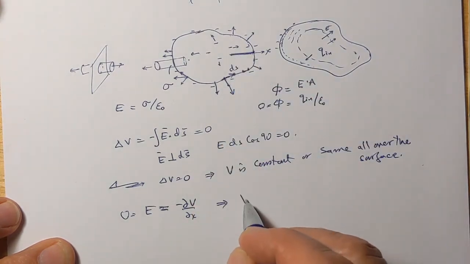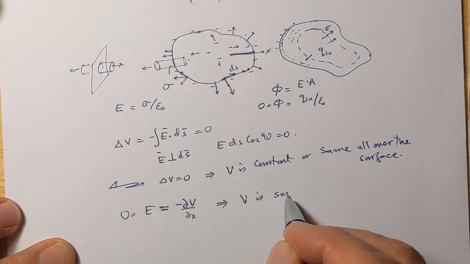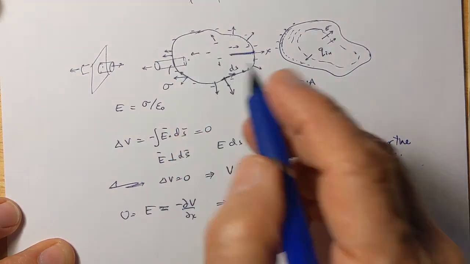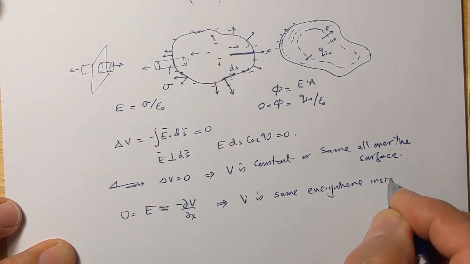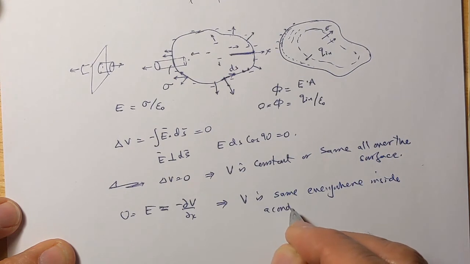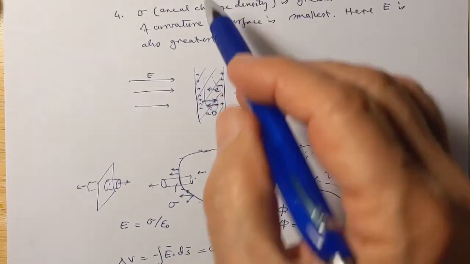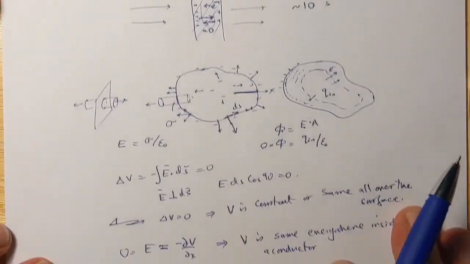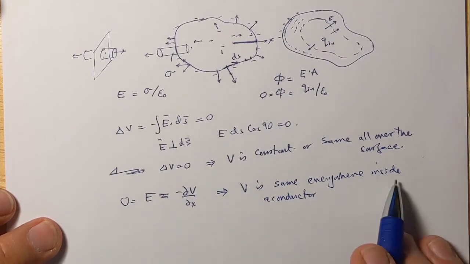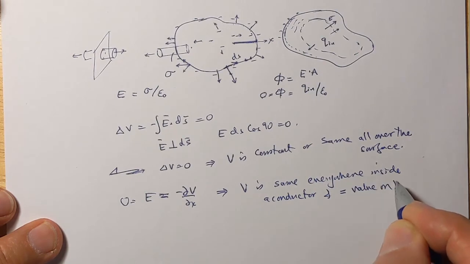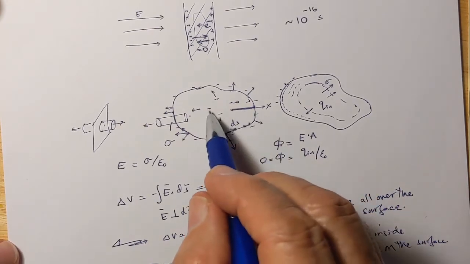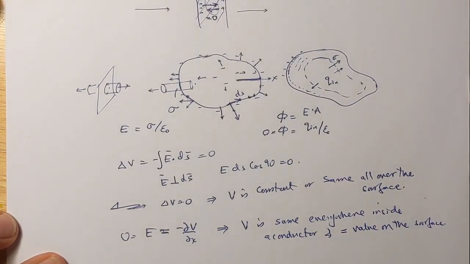That implies that the potential is the same everywhere inside the solid, inside a conductor. Now this applies only for a conductor and not for an insulator. All of these others also applied only for a conductor. So the potential is the same everywhere inside a conductor, and it's equal to its value on the surface. Whatever the value of the potential on the surface, that is the same everywhere inside.